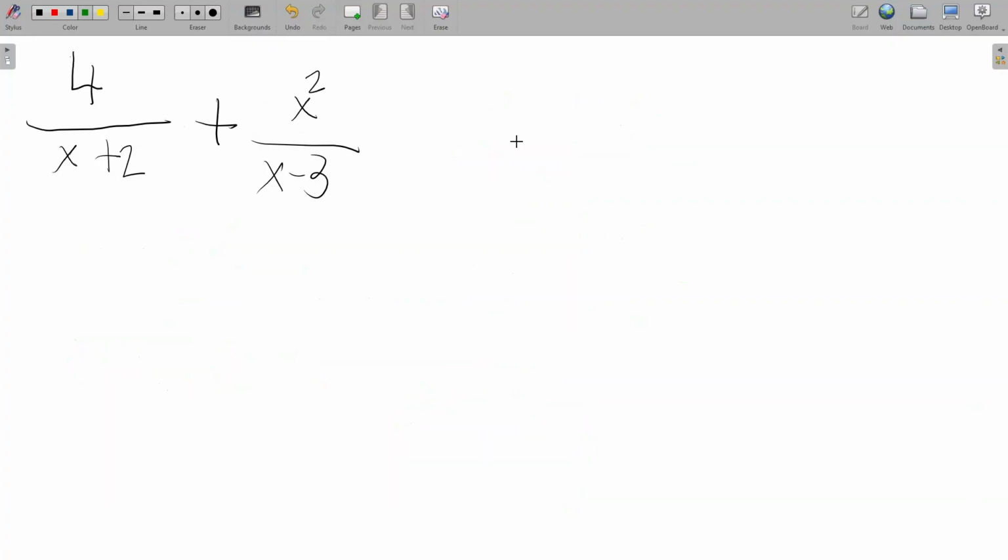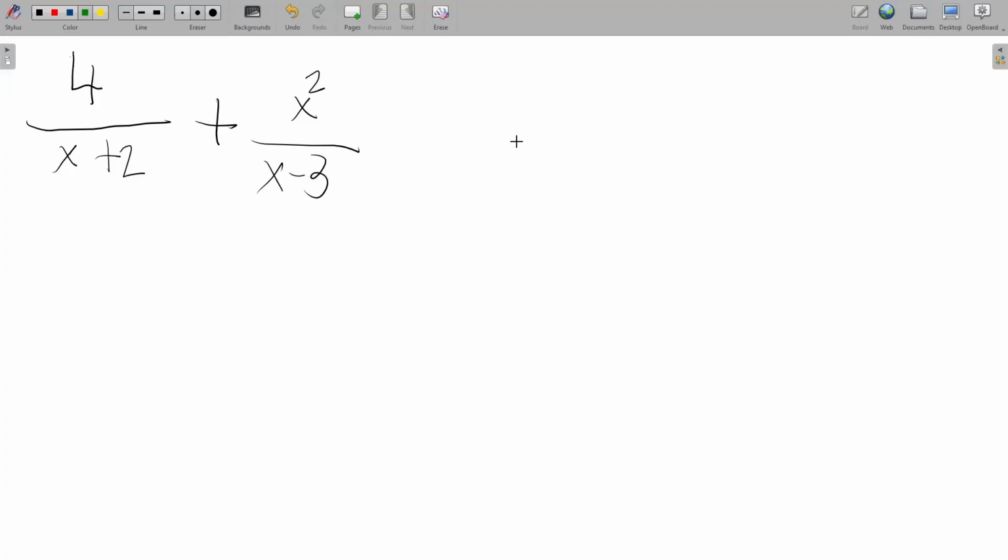Okay, so now we have another problem here, but this one we're going to be adding, right? And so you look at it, and it's basically going to be like adding regular fractions. It's just two fractions, you just have polynomials in them. It's kind of like, let's say you're trying to add 1/2 and 5/6 or something, right?